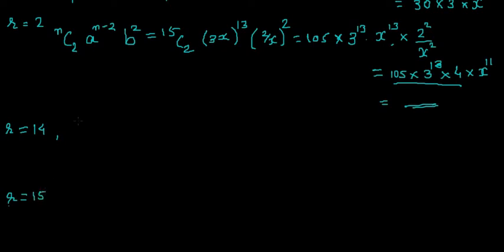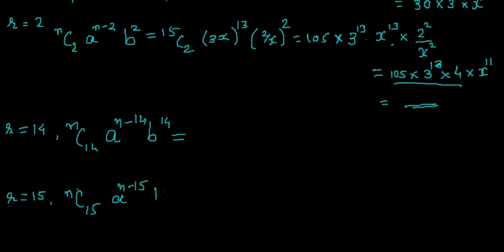So nC14, in the general term I am keeping a raised to n minus 14, b raised to 14, and if you give r equal to 15 here, this term is going to be nC15 a raised to n minus 15 b raised to 15.